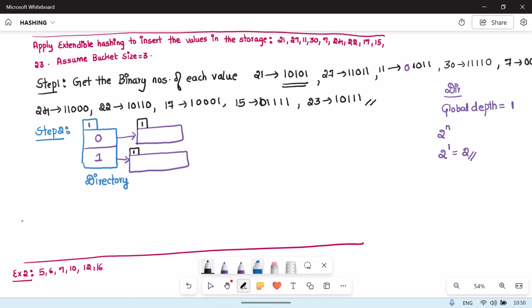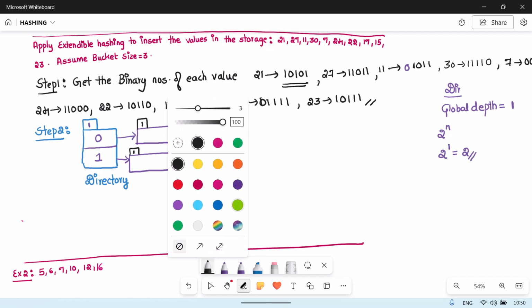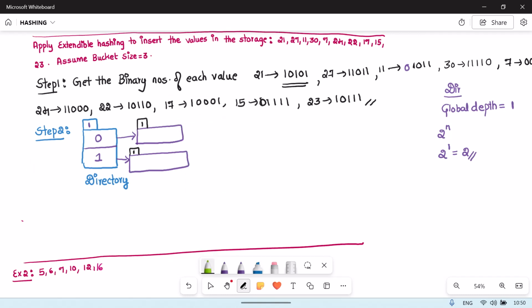Now what you're supposed to do is look at each of the binary numbers and identify its last bit, that is the least significant bit, whether it is 1 or 0. If it is 1, place it under the directory whose address is 1.